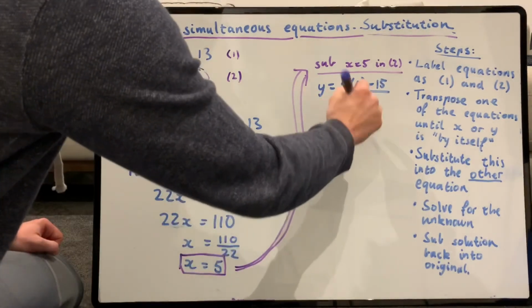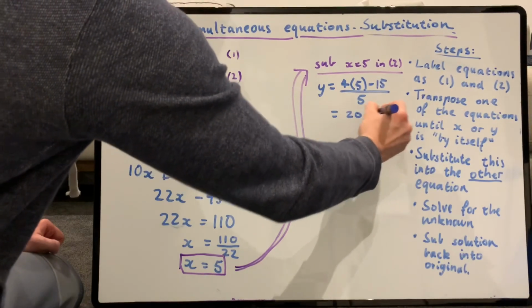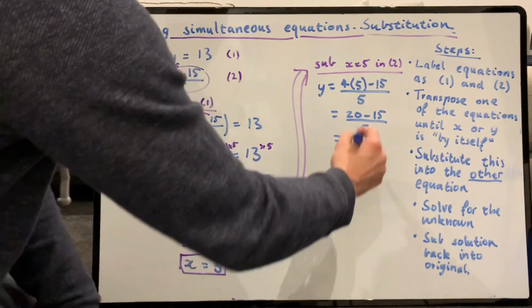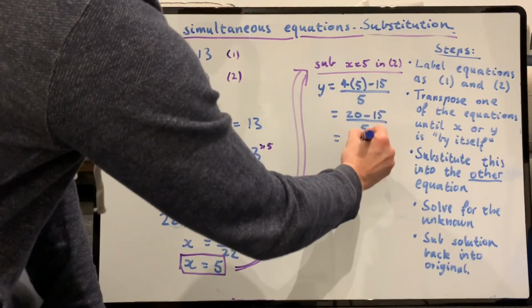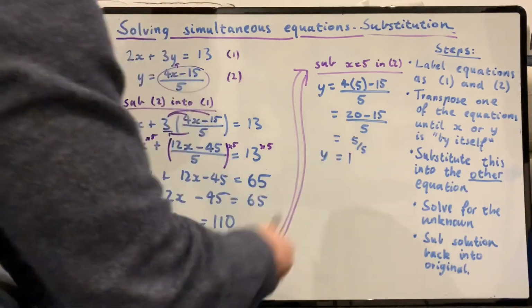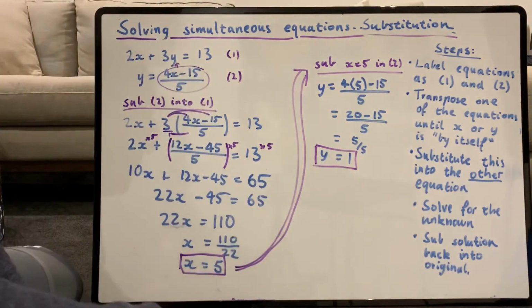Okay, 4 times 5 is 20. Maybe you can see the solution already. 20 minus 15 is 5. Oh, look at that. 1. Which is also correct. Because like I said, I checked the answer beforehand.